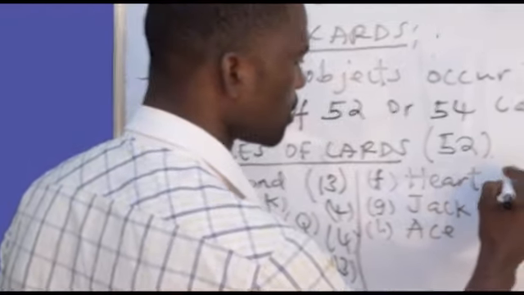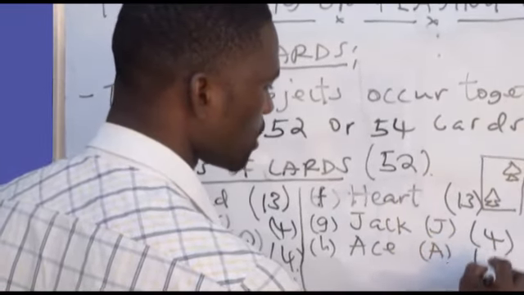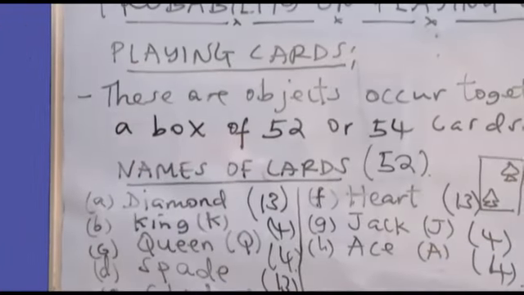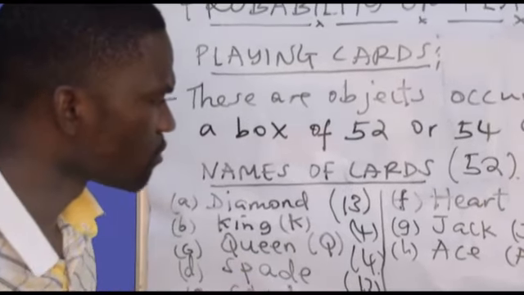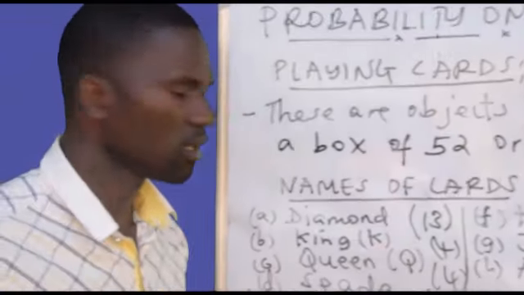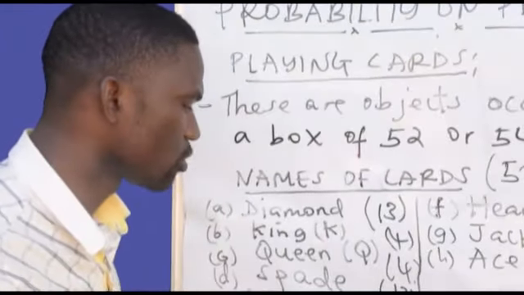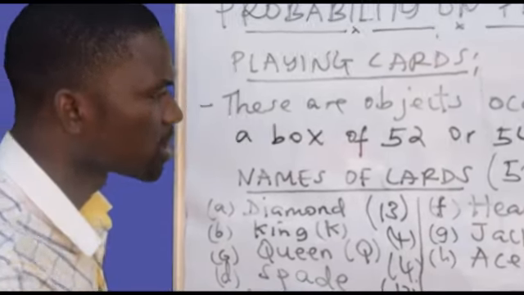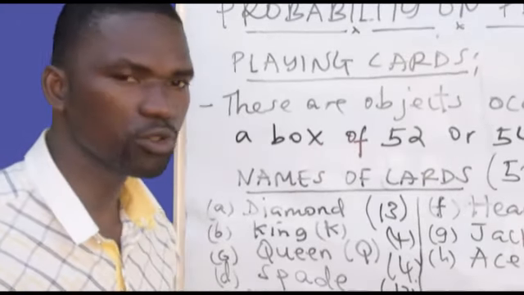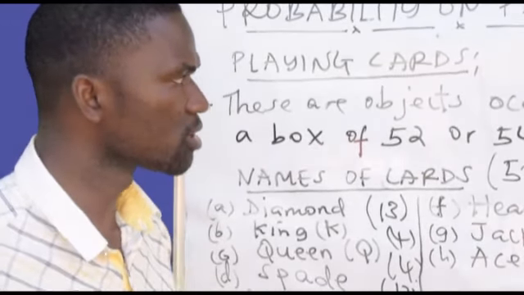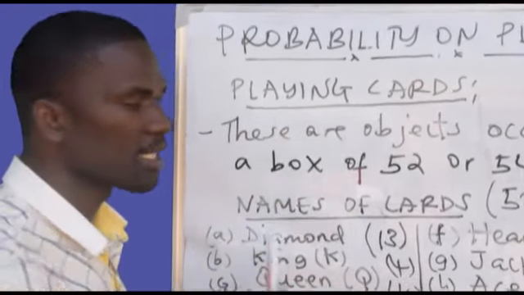Heart cards are 13 in number. Jack cards are 4, and ace cards are 4. So these are the number of cards of each name or of each type from the available 52 cards. This information will be enough for you to answer some questions concerning probability when it comes to playing cards.